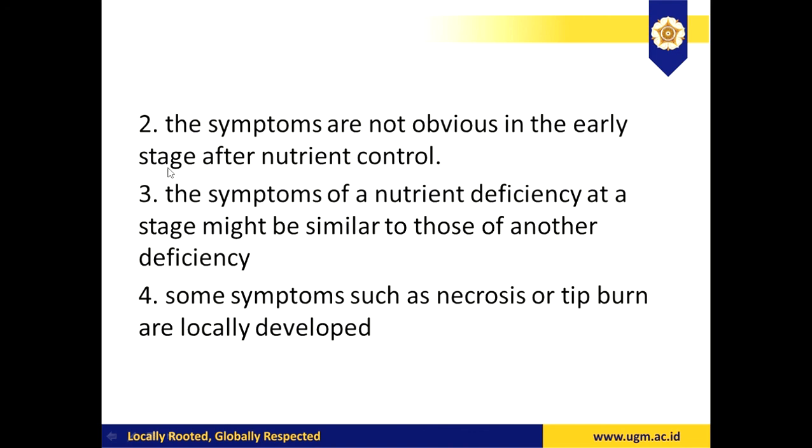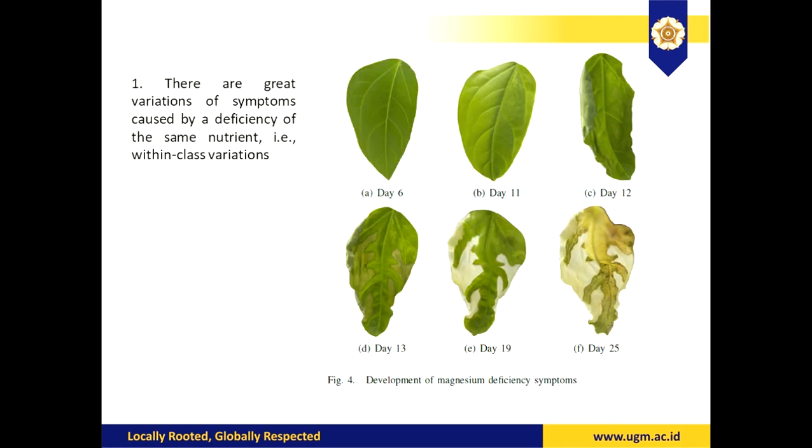Consequently, during this stage, it would be very difficult to distinguish a nutrient-deficient leaf from a healthy one. As an example, this is figure 4a, a magnesium deficient leaf on day 6 after stress. It seems like a healthy leaf, right?